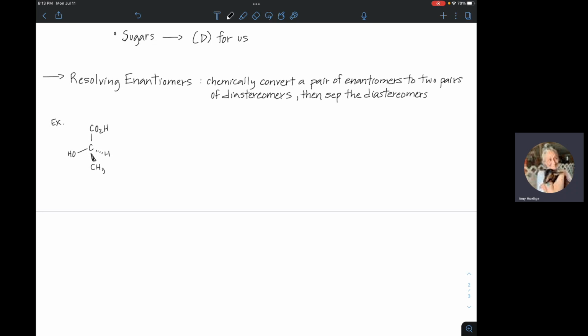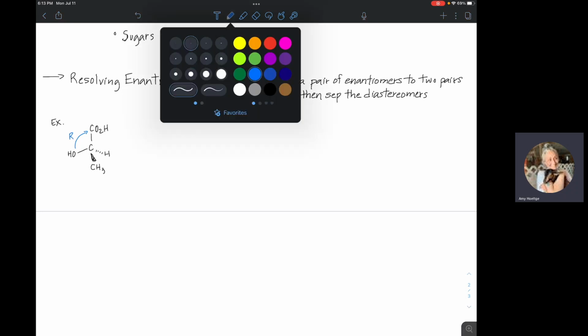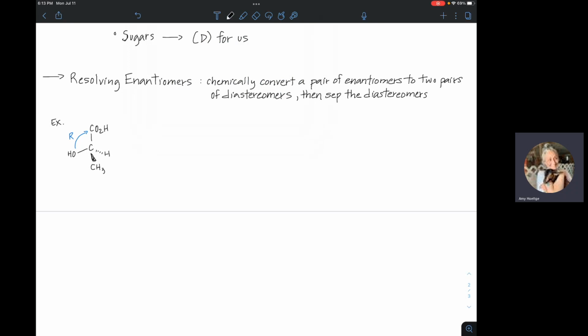Okay, so here I have the R isomer. I'm going to go ahead and draw the S. We'll just, for the first one, show you.